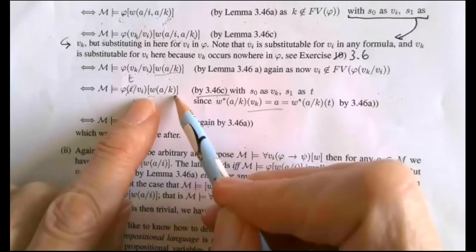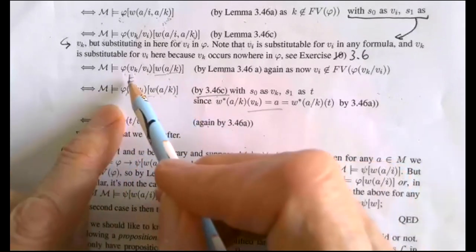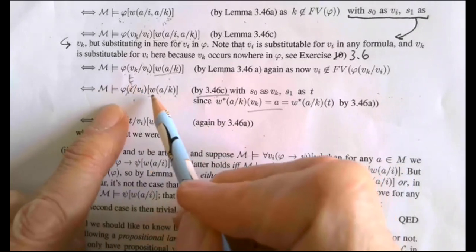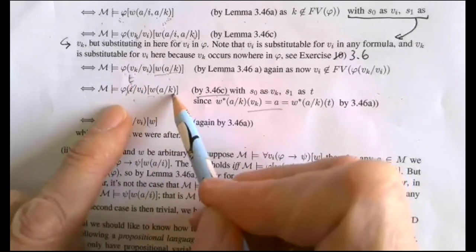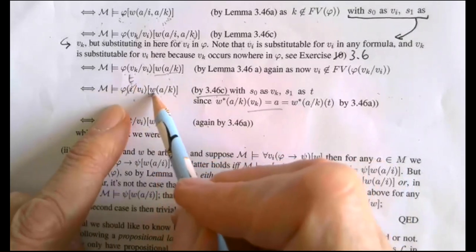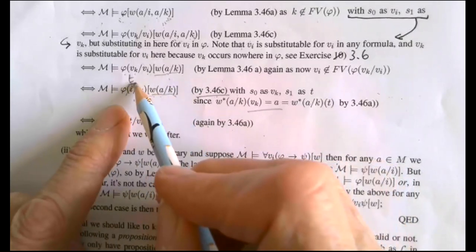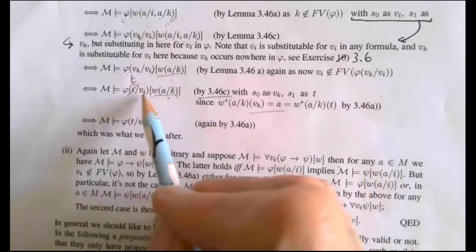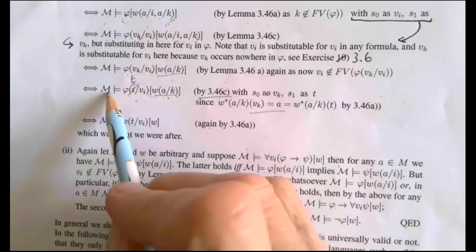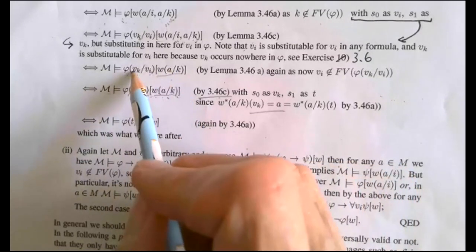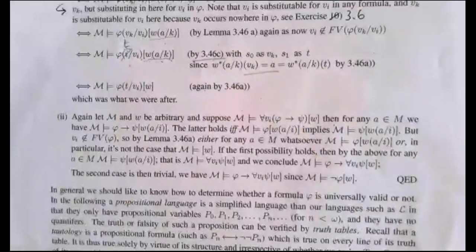But this valuation here interprets t also as a. K, remember, is not one of the free variables of t. So this is the same as w of t. So this whole formula then is going to be true in M, just as, well, this will evaluate t as a, if and only if what holds on the line above. Right?